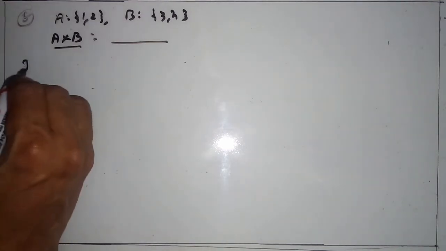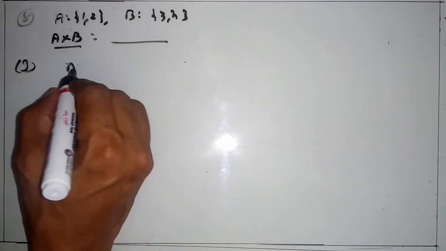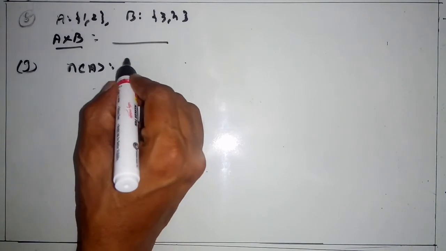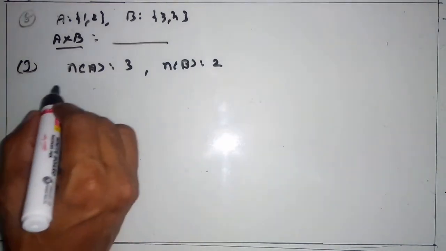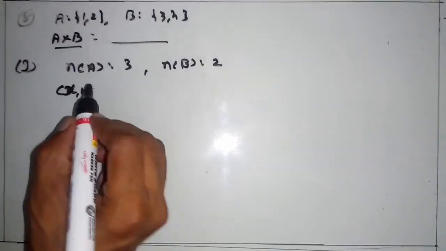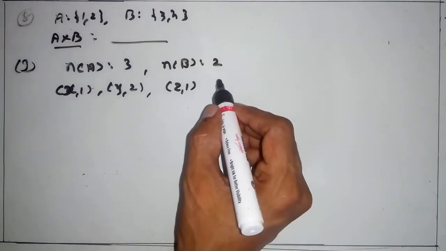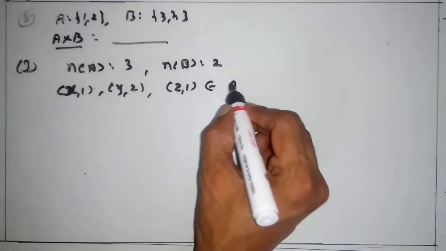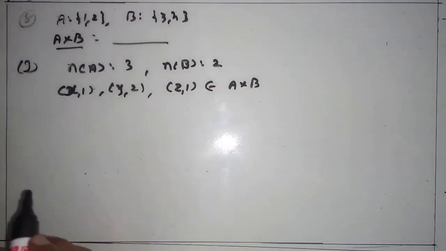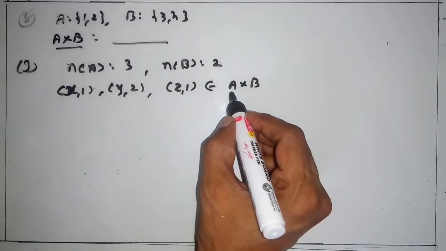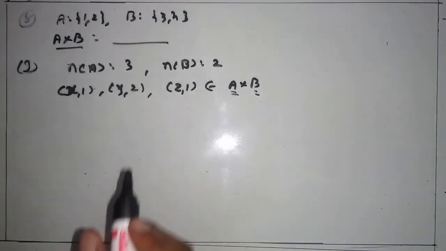Now question number 9. Let A and B be two sets such that n(A) = 3, n(B) = 2, and (x, 1), (y, 2), (z, 1) belong to A × B, are members of A × B. Then find A × B, also find A and B. Remember this here.